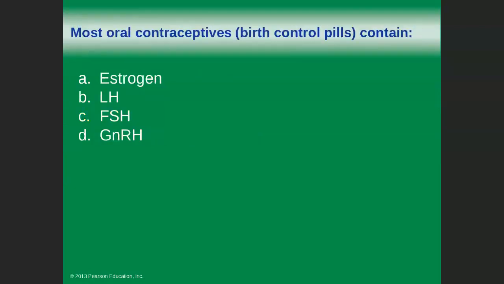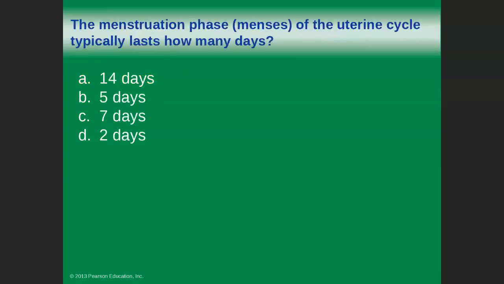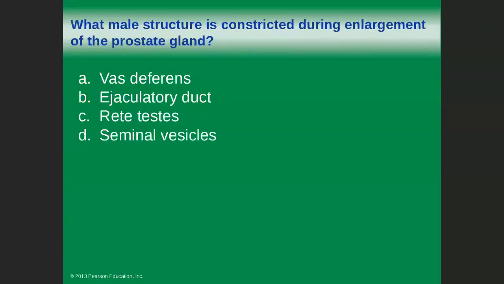Most oral contraceptive pills contain estrogen and actually progesterone also. The menstrual phase of the uterine cycle lasts about 5 days. The ejaculatory duct is constricted because it passes through the prostate.